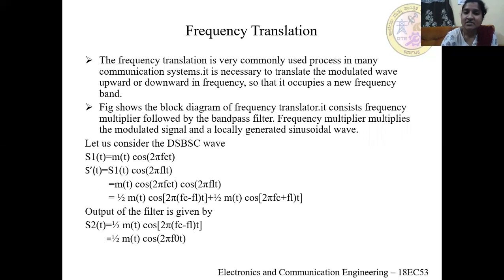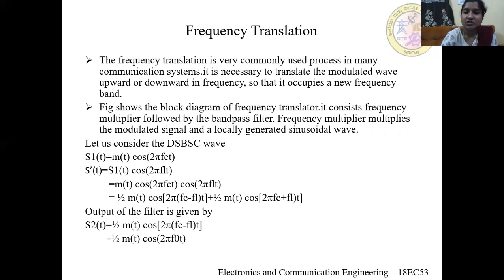What is frequency translation? Frequency translation is a very commonly used process in many communication systems. It is necessary to translate the modulated wave upward or downward in frequency so that it occupies a new frequency band.